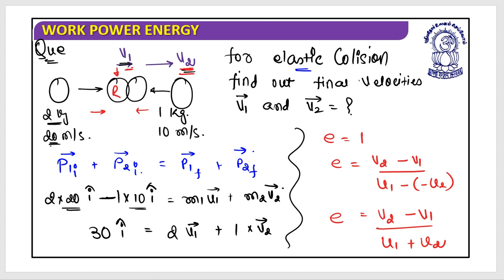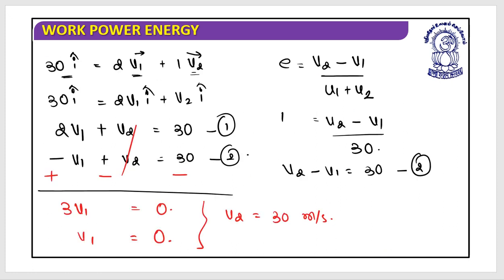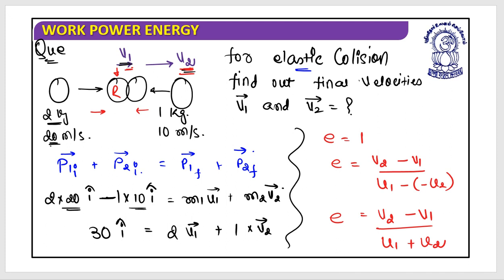Is it clear that v1 is going to be at rest while v2 is moving in the positive x direction with a speed of 30 meters per second? Now how could I come to know that this is moving in the positive x direction? Because this has arrived as positive. Let's suppose, for understanding purposes only, that I have a certain value of v1 negative and v2 positive, then I must understand that v1 must be moving in this direction.